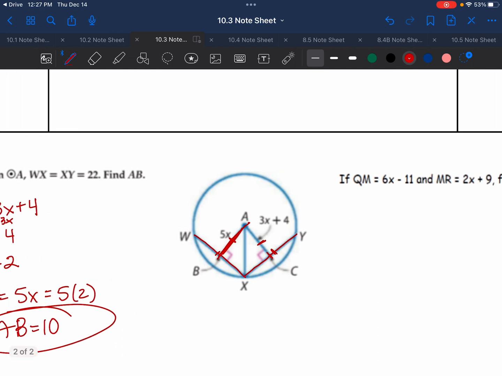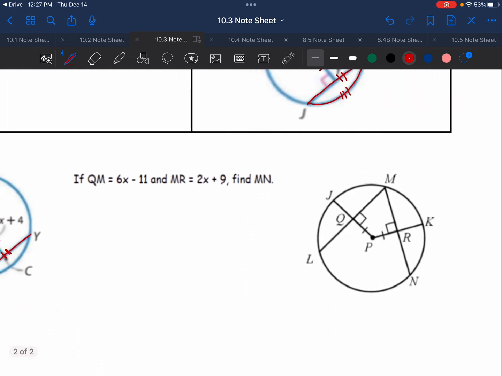All right, last one. If QM equals 6x minus 11 and MR is 2x plus 9, find MN. All right, things I'm noticing. We are told that QP is congruent to PR. That means that LM and MN, these chords are congruent because they're the same distance from the center.